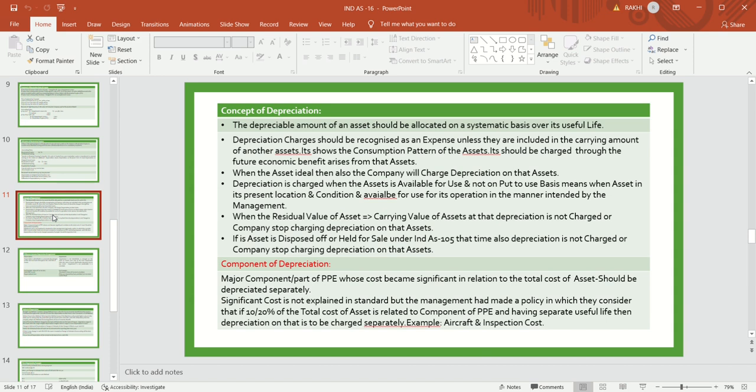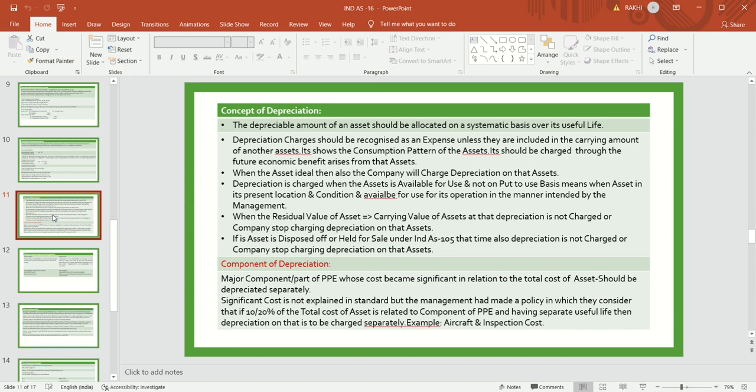If the asset is disposed of or held for sale under Ind AS 105, that time also depreciation is not charged. If the asset is sold off, the company will not charge depreciation on that asset.